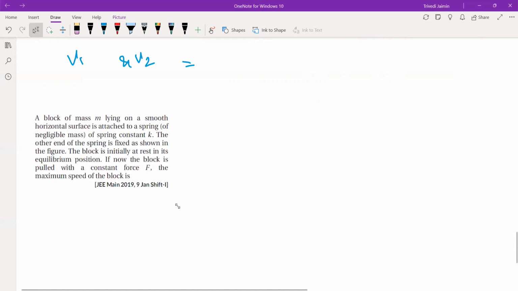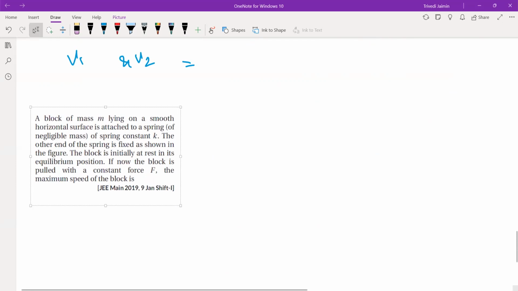Start solving. I'll paste diagram 2. There's a diagram given with options. Diagram as usual, simple diagram.